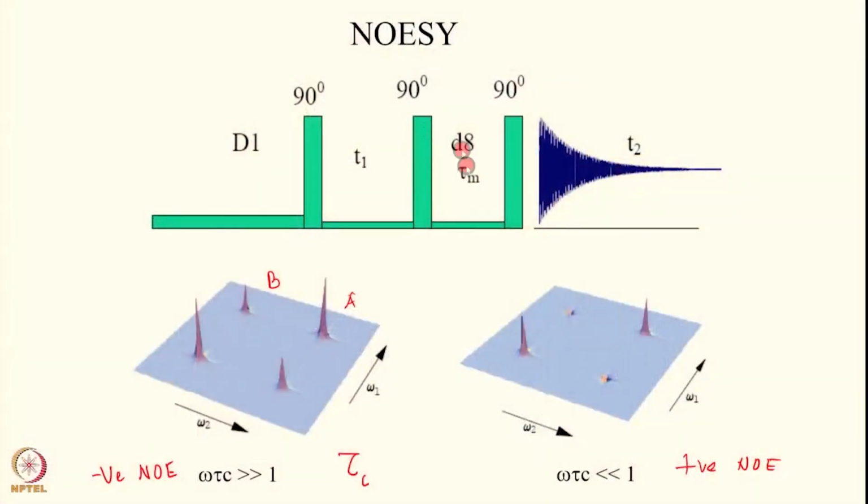And now what does the intensity of the cross peak depend upon? The intensity of the cross peak first of all depends on the mixing time. Intensity is proportional to the mixing time, which is tau m, and it will depend upon T1, the spin lattice relaxation time, the longitudinal relaxation time of the molecule or the particular spin which you are considering.